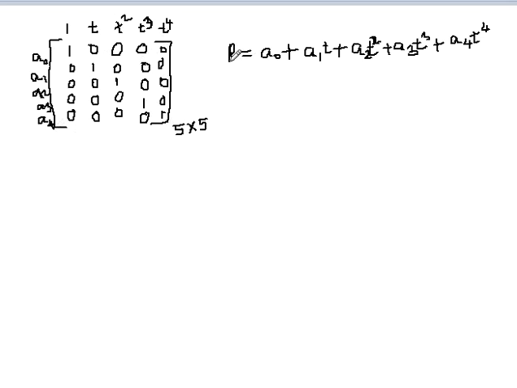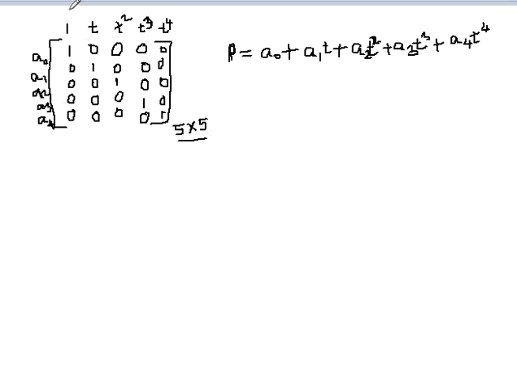If we consider the degree of our polynomial as 4, we have to go from A0 to A4, so t to the power 4. Then certainly we'll have 5 rows and 5 columns, so A0, A1t, A2t square, A3t cube in this way. So it is a 5 into 5 matrix.